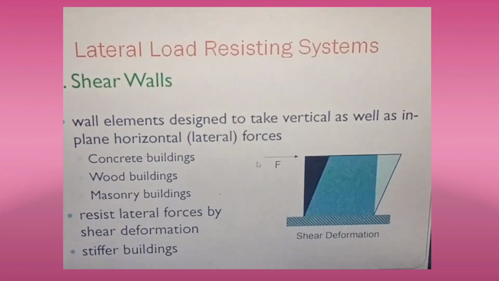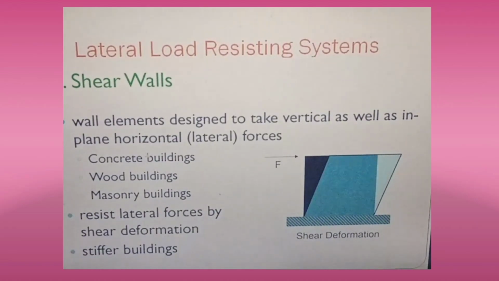If the force is acting in this direction also, the shear wall is going to resist that load too. It means shear walls can be constructed in earthquake prone areas and where wind effect is more. Wherever lateral force is going to act more, you can construct shear walls.